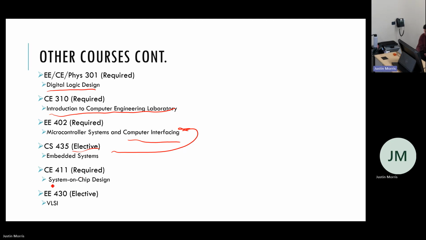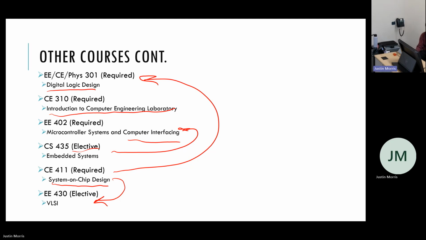And then 411 is required. So this is your system on chip design. And again, it's similar to this course. But the VLSI course will be more in depth on the transistor level, whereas the system on chip design is going to be closer to the hardware design level. So the hardware design language level.